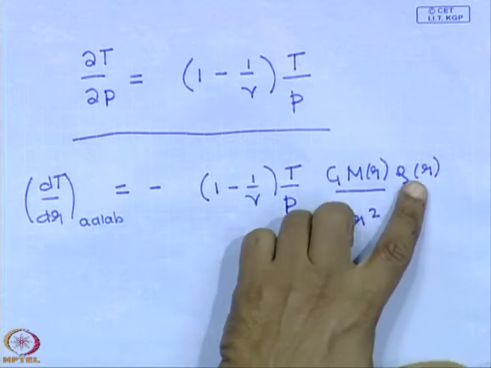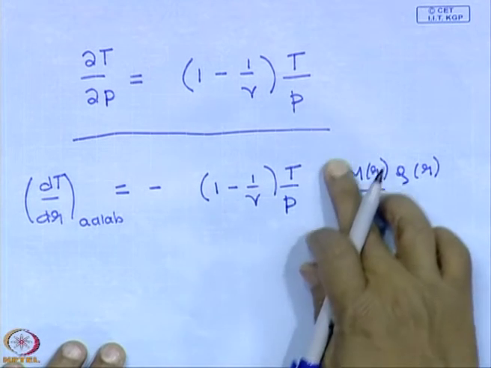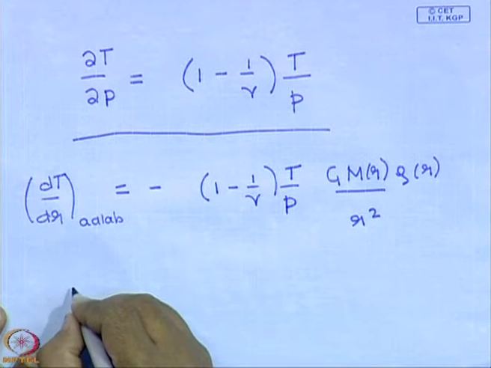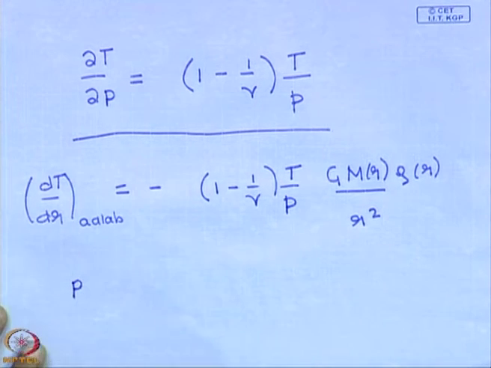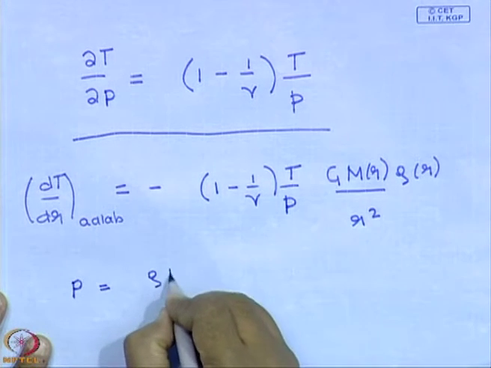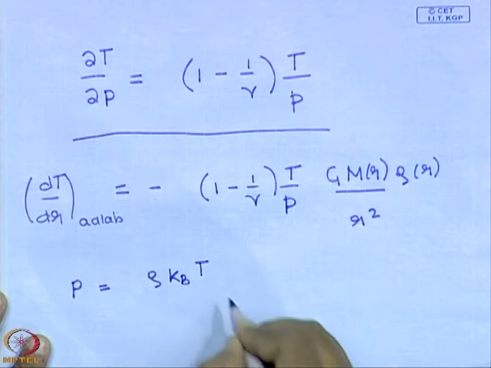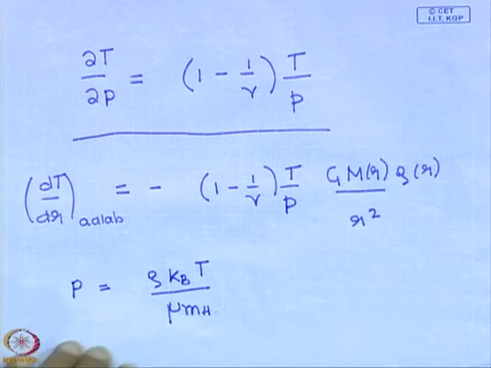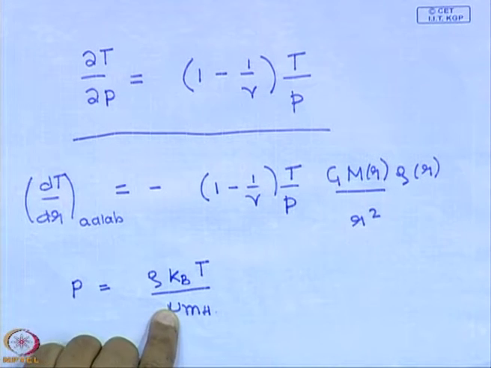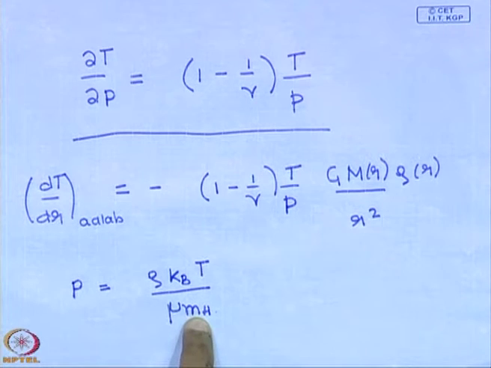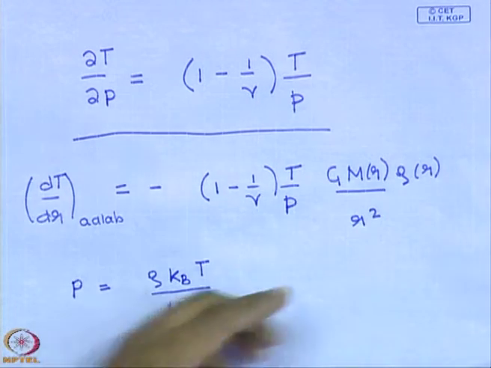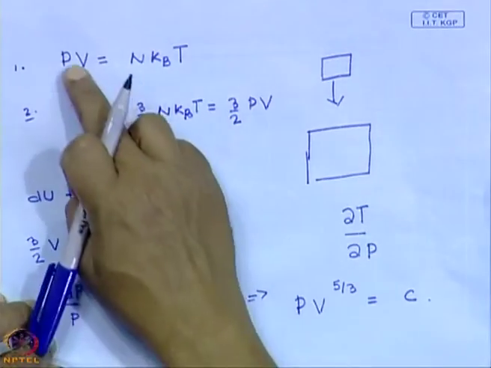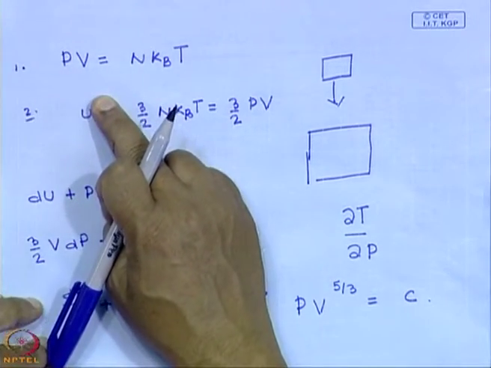Okay, that is the acceleration, dP dr, this term, hydrostatic equilibrium. Okay. And we also know that P is equal to rho k_B T by the average atomic weight divided by the mass of one hydrogen atom. This is essentially the same thing here, written in a different way, that is all.